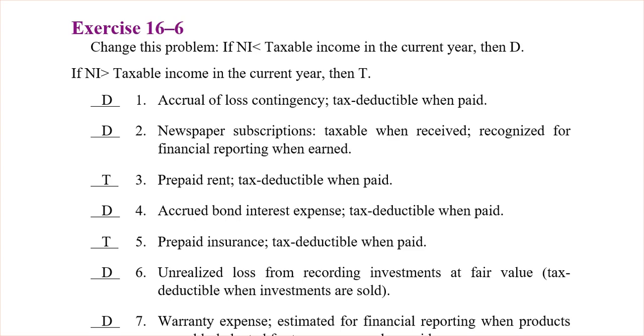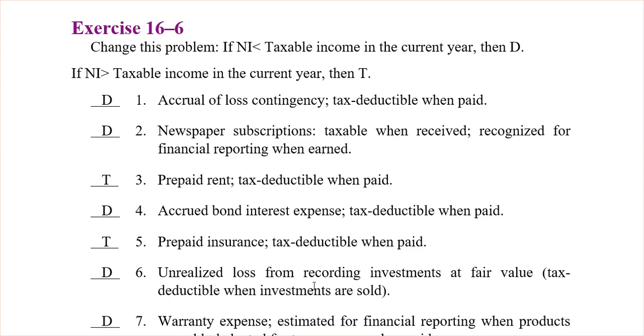When you accrue bond interest expense, just like when you accrue a loss contingency, when you accrue the losses or the interest items, you are going to show that as a D, which means you need to add and create a deferred tax asset.